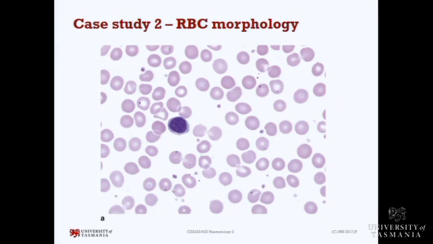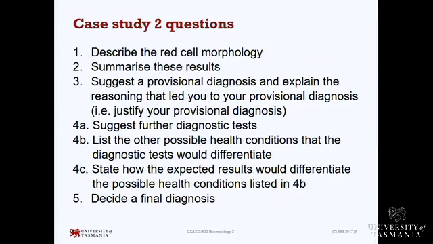What's the most common cause of microcytic hypochromic anemia? Iron deficiency. So the first thing you would be doing is iron studies.